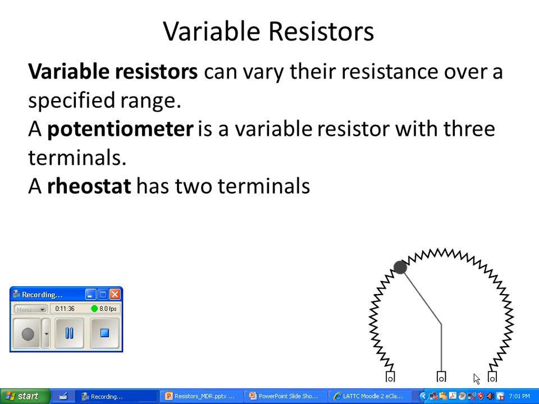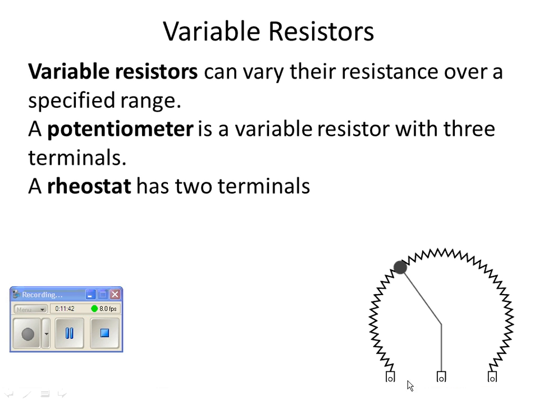You'll notice it has 3 terminals. Well, a rheostat is the same device, except it's got a connection here and a connection here. And that's all. It's not connected to this one at all. So as the current goes through here, it literally just goes right through this device. Okay?